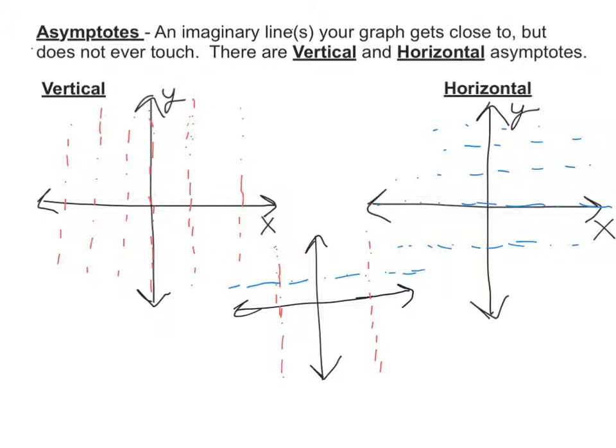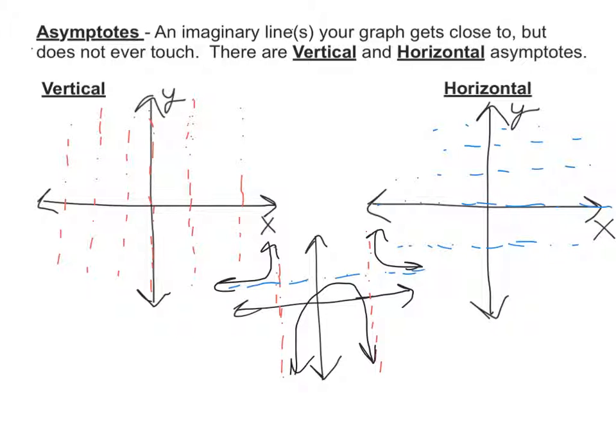So our vertical asymptotes are in the red, and our horizontal is in the blue, and our graphs could look something like this. And it could be something like this, and maybe like this.